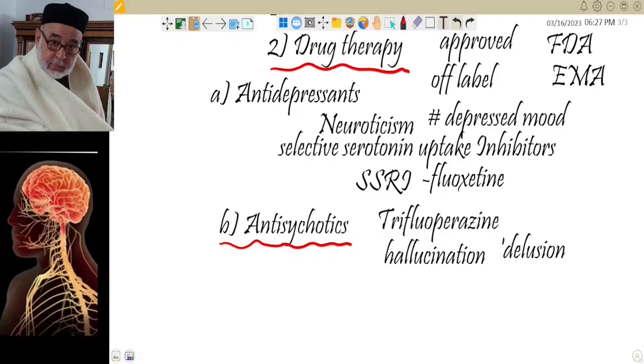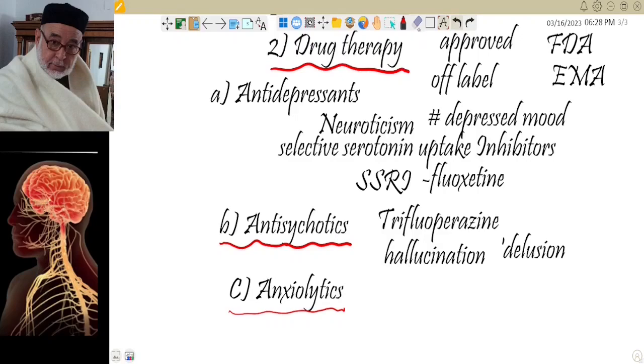The third group of drugs which are used for treatment of neurotic illnesses are the anxiolytics. They are specific drugs for treatment of anxiety. For anxiolytics, there are specifically many drugs which are approved for the treatment of anxiety disorder.